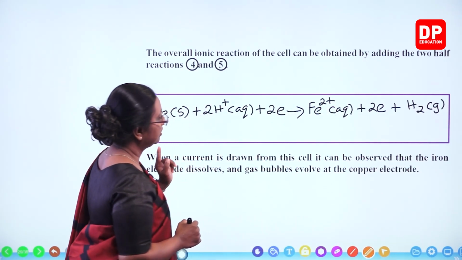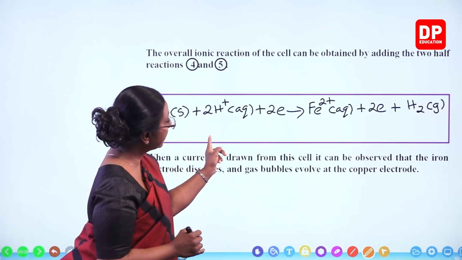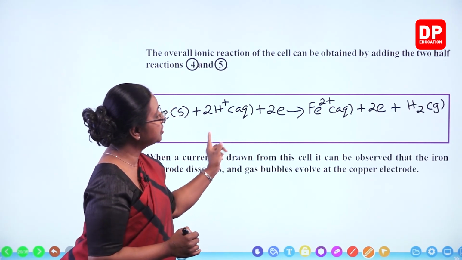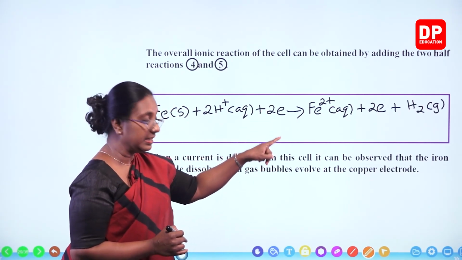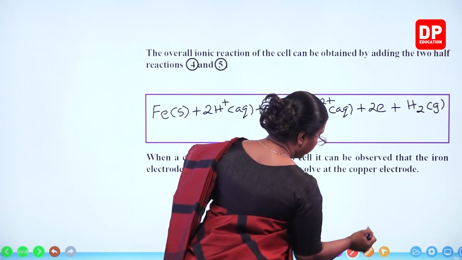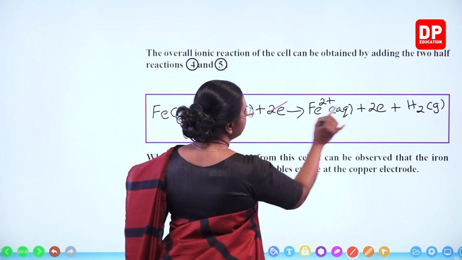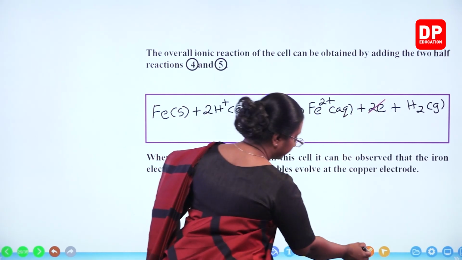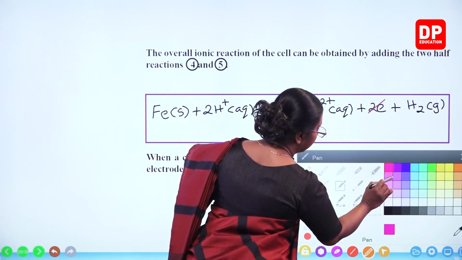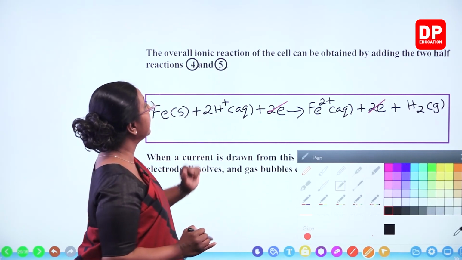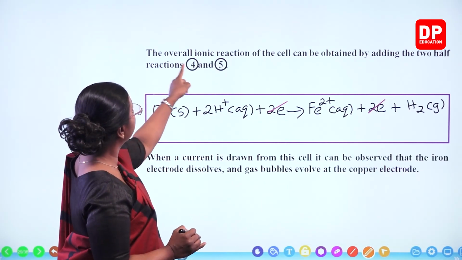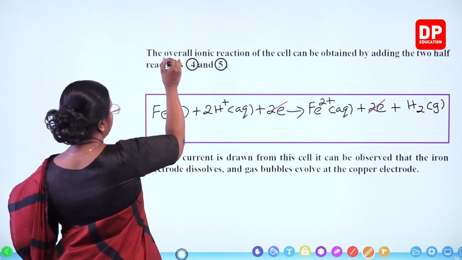You all know, because electrons are there on both sides of the equation, we can cancel them off. Then you will get the balanced ionic equation or the overall ionic reaction.